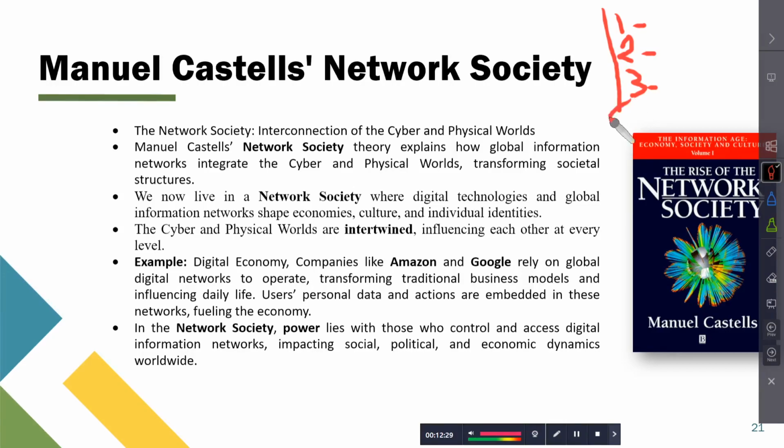And number four, cultural impact: the network society shapes new forms of social interaction, cultural expression, and identity formation. If I tell you, during Corona, even shopping by Amazon, the culture of book shopping has totally changed.